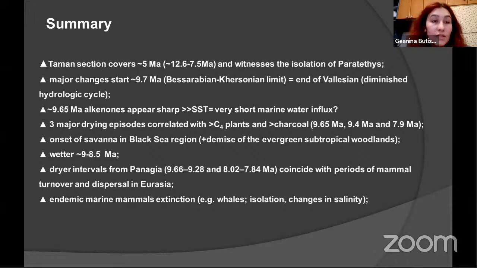Also very important is the fact that the drier intervals from Panagia coincide with periods of mammal turnover in Eurasia and mammal dispersal. So what we know from the literature as the Valesian crisis or the Turolian fauna can actually be driven by these prolonged drought periods.